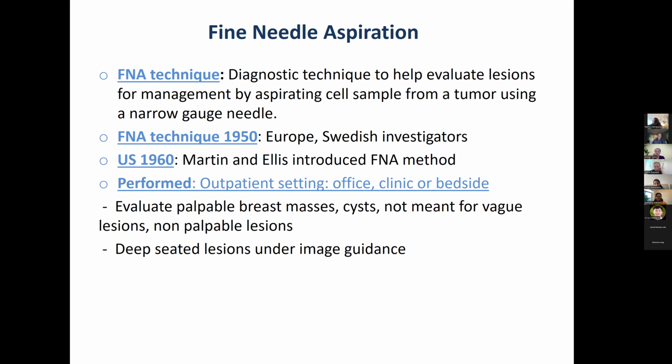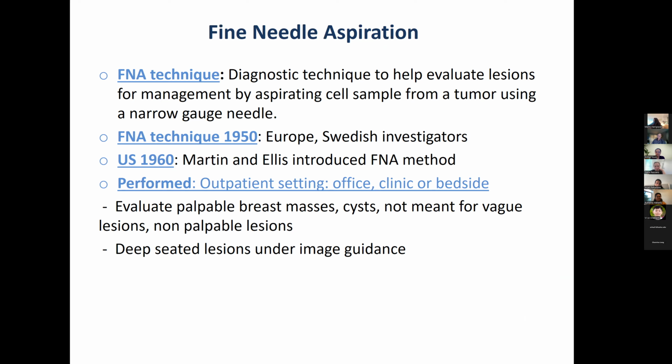This technique was popularized initially in Europe in the 1950s, but then it was Martin and Ellis who actually used this technique. They were actually technologists at MSKCC, I heard, in the 1960s, and they introduced this method, but it didn't get very popular until 1995 or close to 2000. That's when people started using FNA more frequently in the US.